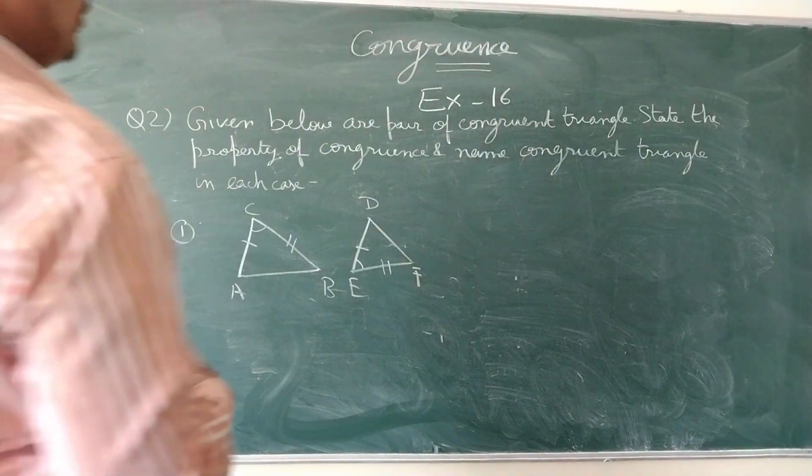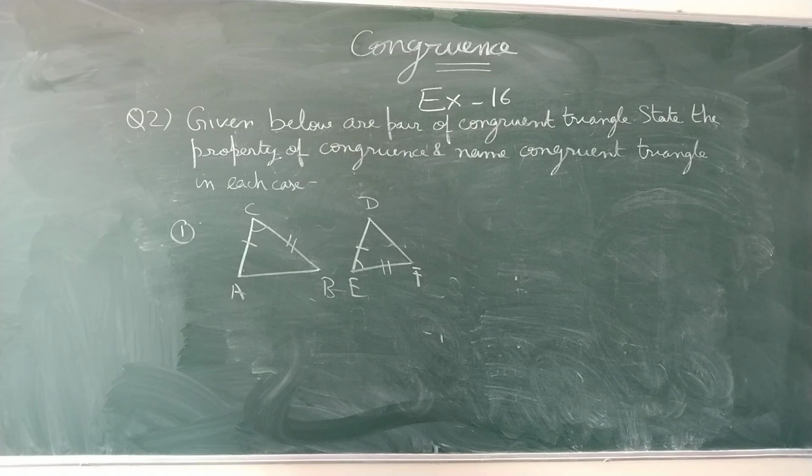Given below are pairs of congruent triangles. State the property of congruence and name congruent triangles in each of the following cases.